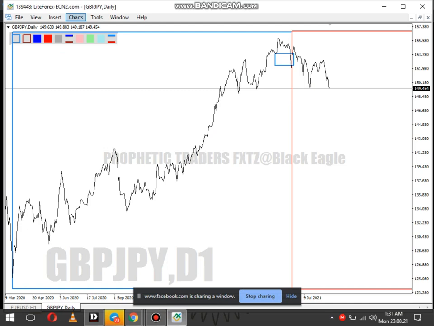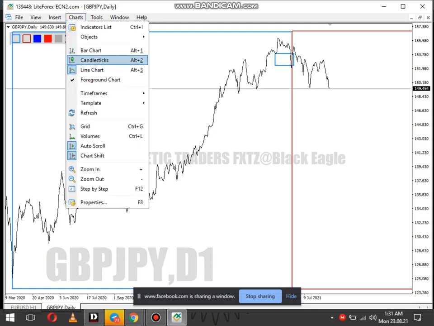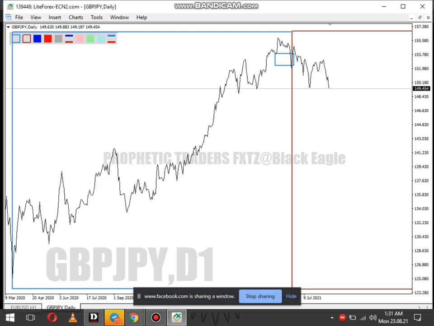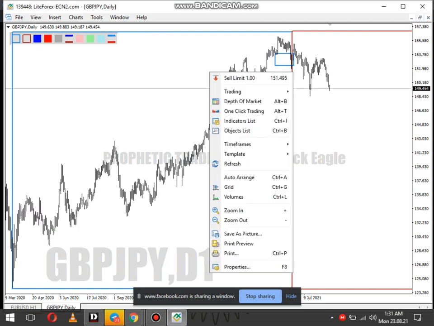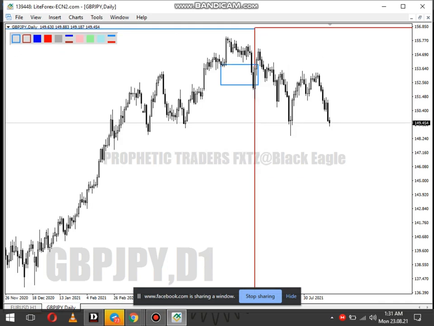Let's change into candlestick. This one is a structure breaker. That's why we are expecting a drop phase. Here it's a structure breaker because this one is high, this one is low. They didn't break this. This is high, this is low, this is high, but it failed to create a new high.